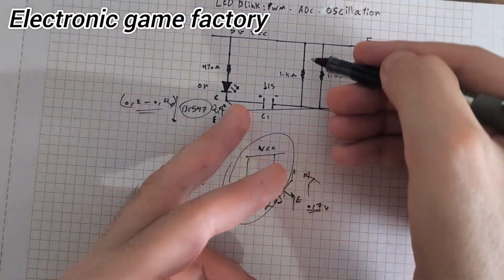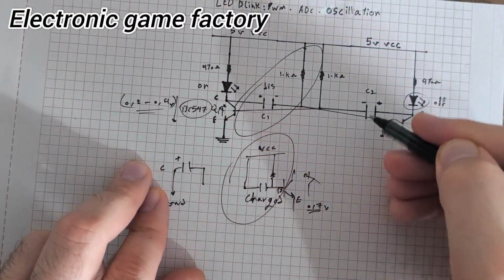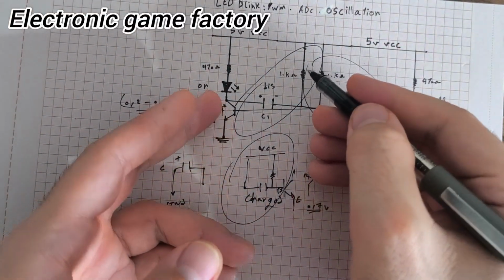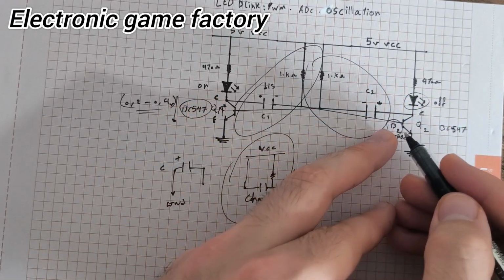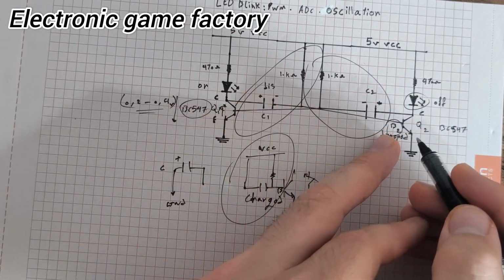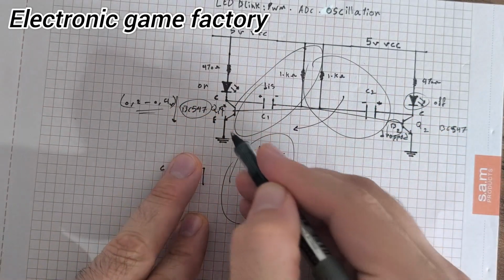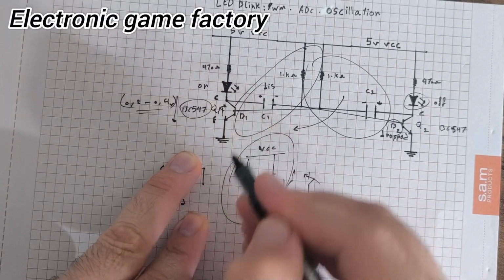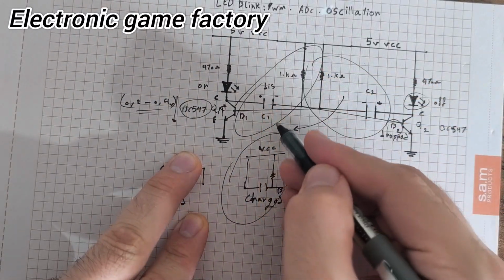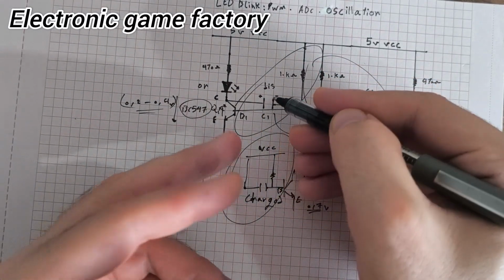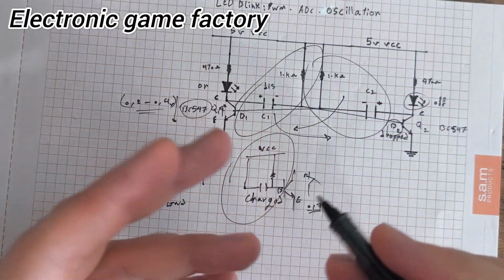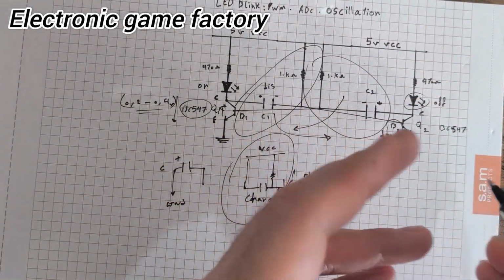So this one and this one is like a charger of the bases in a reverse connection. One for the base 1 and another one for the base 2. This capacitor will be charged and this one is closed.